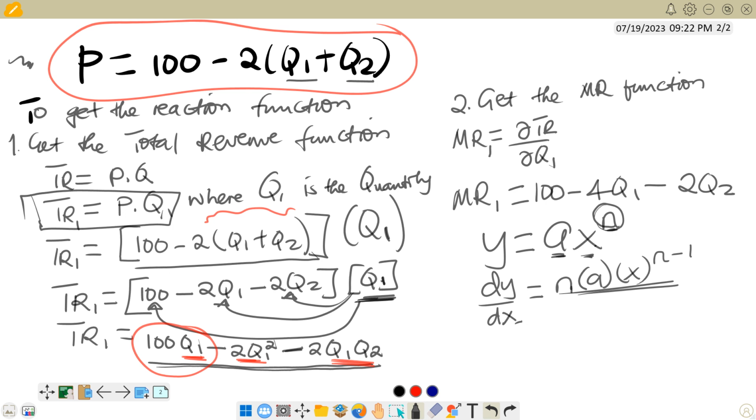But practically, let us say that our function was actually 4x to the power 2. The way we're going to differentiate is to get the dy dx. We know that in this case our a is the 4, that x is this x, that n, the power there, is that 2. So we know that the power should drop, so the 2 will drop first.